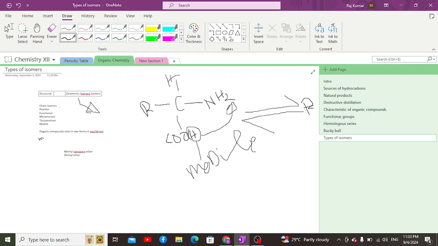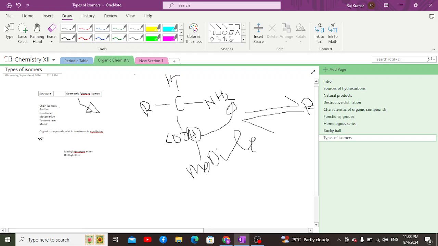But since the expense of that energy is quite high, and providing that much energy is not possible naturally within our environment, geometric isomers exist as the solution to this problem.